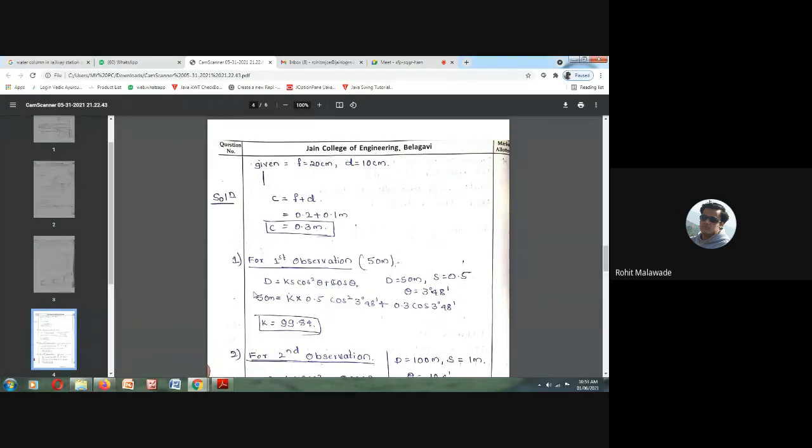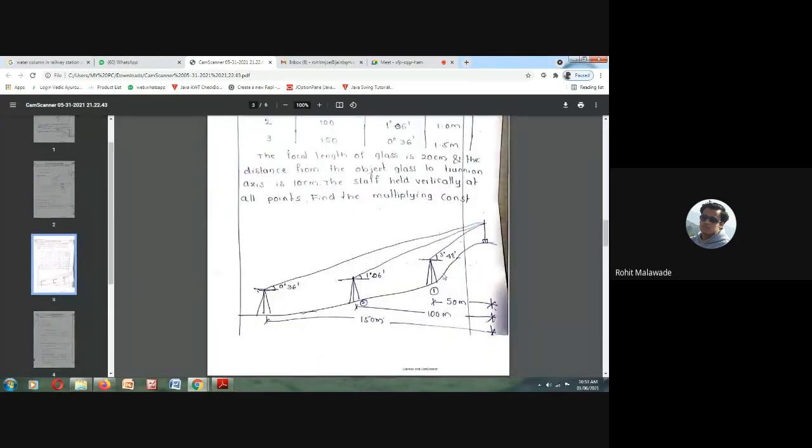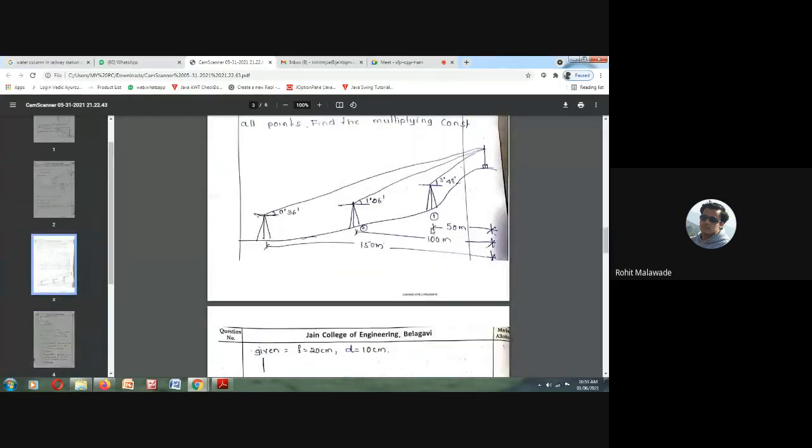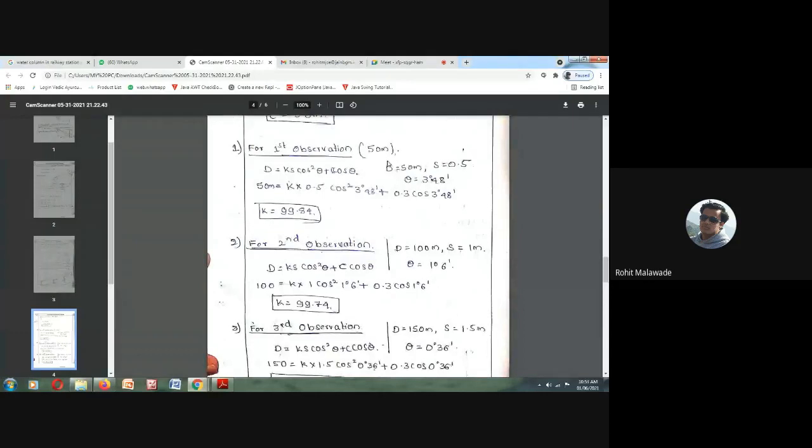So we will be using the formula D is equal to Ks cos square theta plus C cos theta, where D is 50 meter for the first case. Now we are seeing this particular first case, so distance D for the first case is 50 meters.